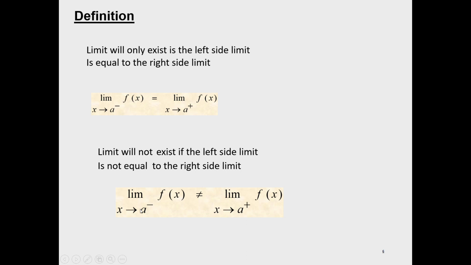So these a's are numbers. In our previous example we used 3. So if the two sides are not the same, we say they are not equal and the limit will not exist.